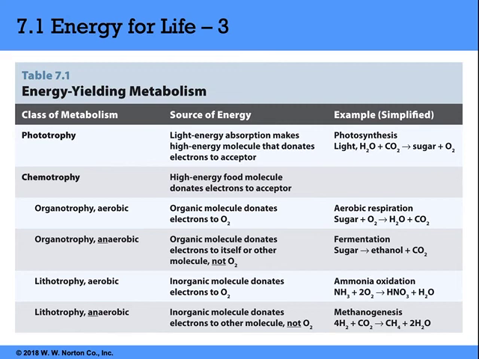Organotrophic anaerobic organisms are going to utilize high-energy electrons from organic molecules, but the terminal electron acceptor is not going to be oxygen. Oxygen in many cases is toxic to these organisms.